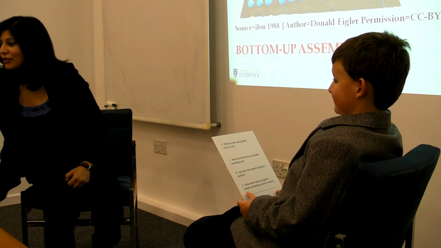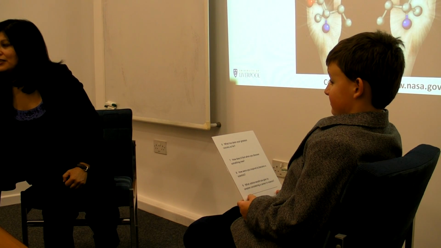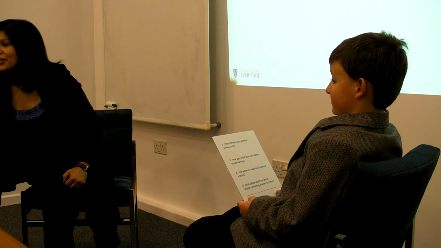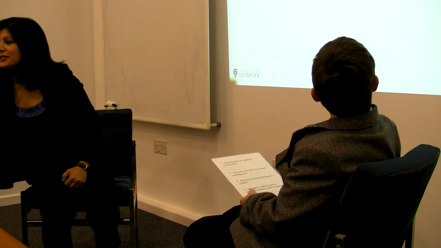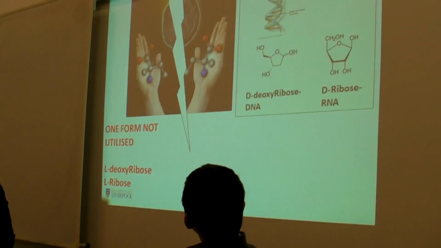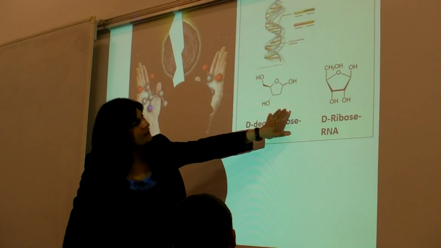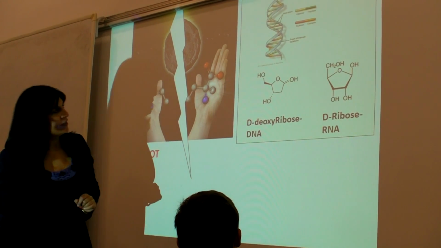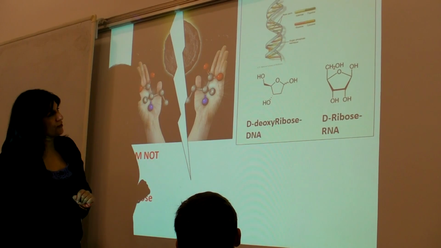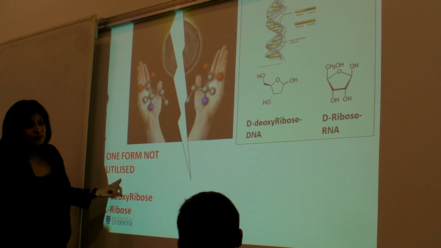So if I just show you that, here is the situation that we have for RNA and DNA. These are the sugar molecules here that are used, ribose sugars, and they can exist in two different forms, but only one form is used for you.